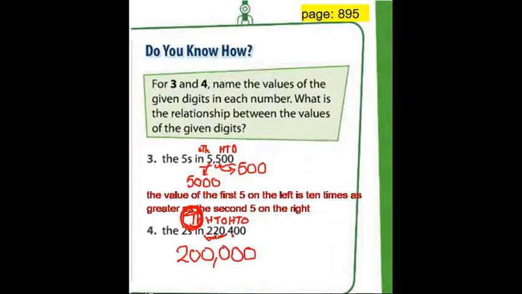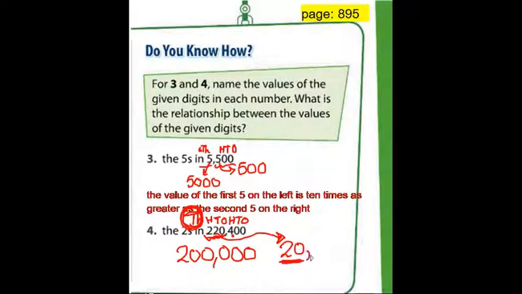Okay, what about the second 2 here on the right? Let's write 2. In which place? 2 in 10,000. So let's write 2, and 10 has how many zeros? Just 1 zero. So you said 2 in 10,000, or 20,000.